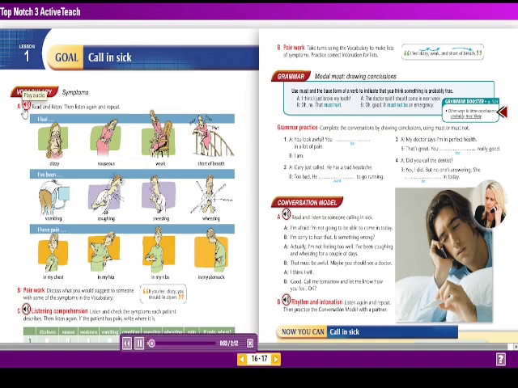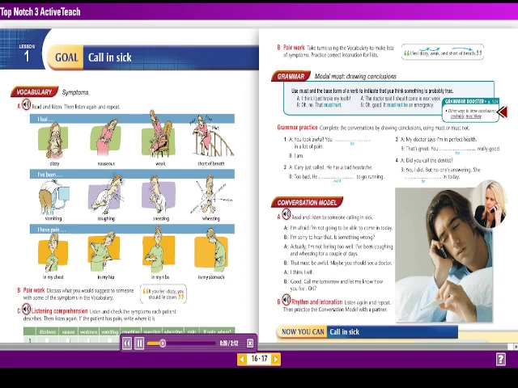Vocabulary. Symptoms. Exercise A. Read and listen. I feel dizzy. I feel nauseous. I feel weak. I feel short of breath. I've been vomiting.